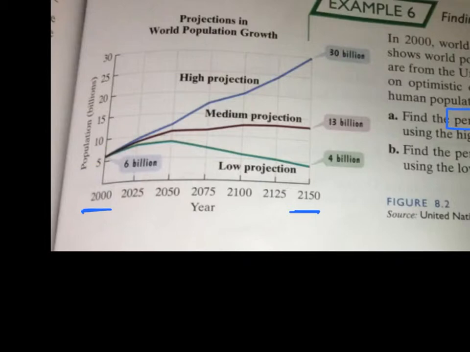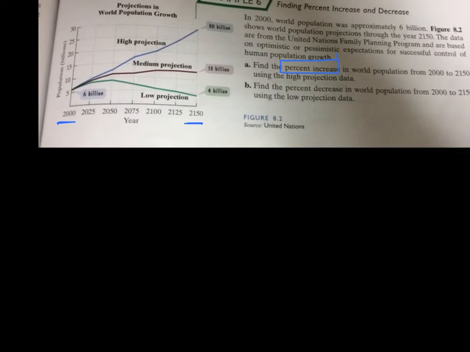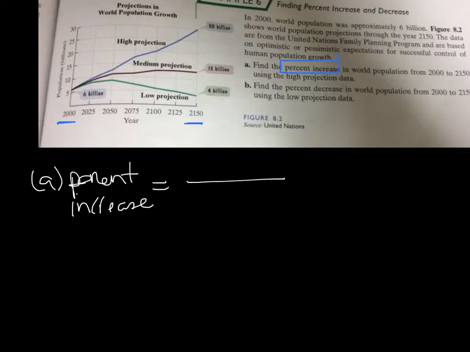So if you notice on page 491, when we want to find percent increase, it's a fraction. It's a percent. And by definition, it's the amount of increase over the original amount. Well, what's the original amount? The original amount is 6 billion, so it's just 6. And the amount of increase, well, how much was increased?